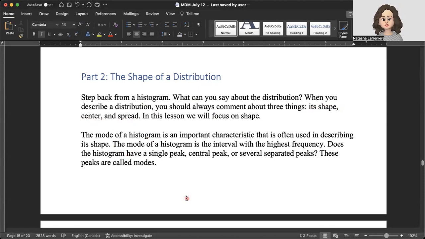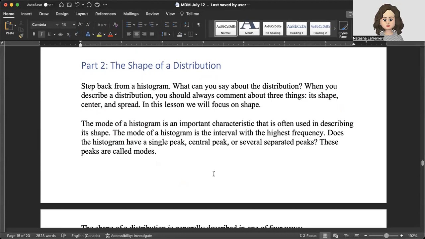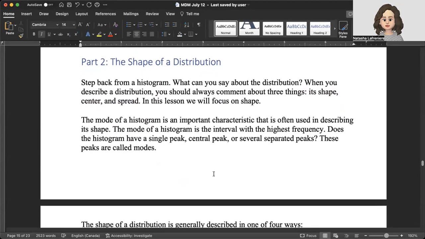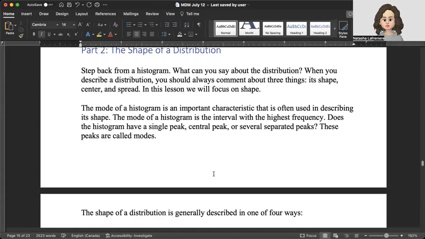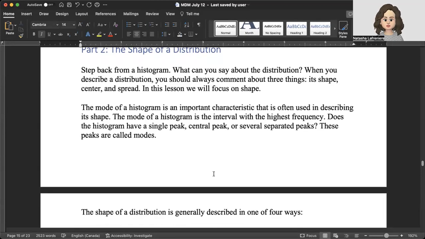The mode of a histogram is an important characteristic that is often used in describing its shape. The mode of a histogram is the interval with the highest frequency. So does the histogram have a single peak, central peak, or several separated peaks? These peaks are called modes.